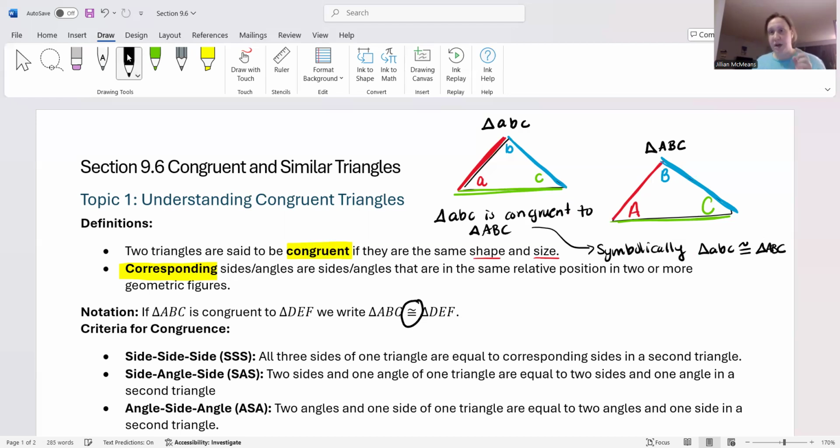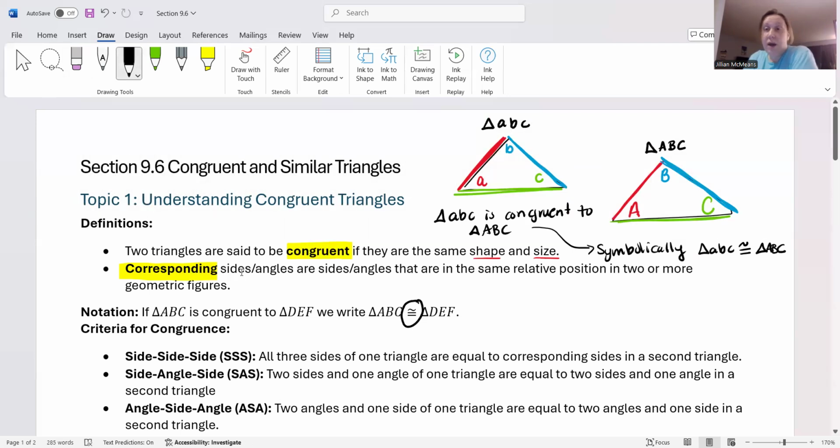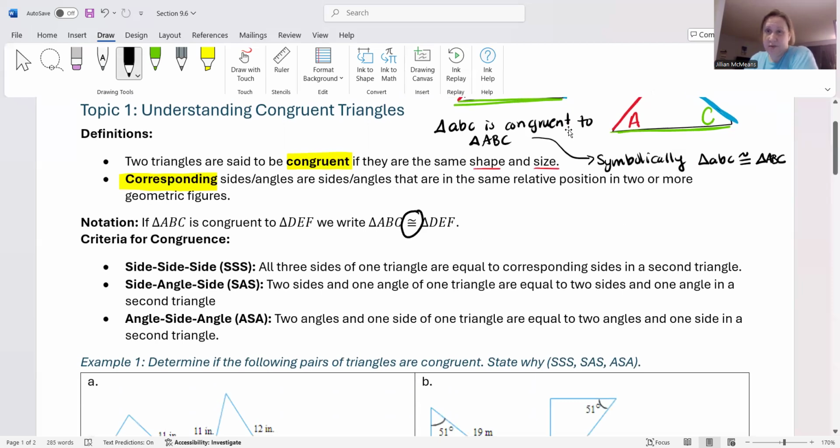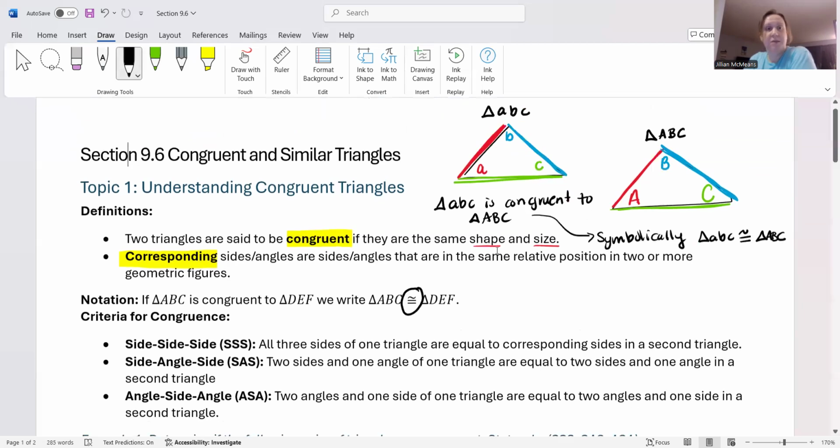So we use that equal sign with a little curvy wave on top. That means congruent. Okay. Now, we have some criteria for congruence besides me just saying that these two triangles are congruent, even though they don't look it. So use your imagination up here, pretend they're exactly the same shape and size, okay?